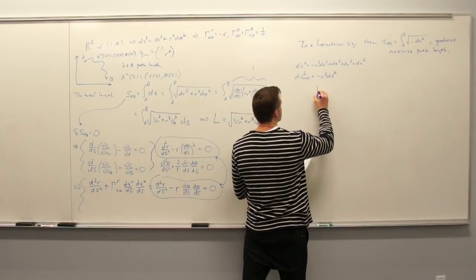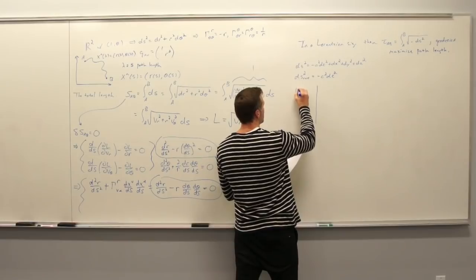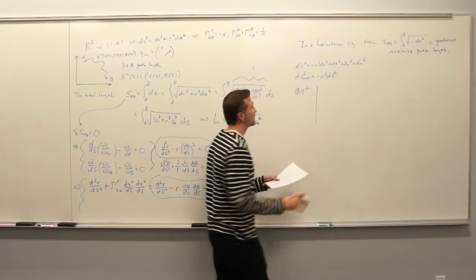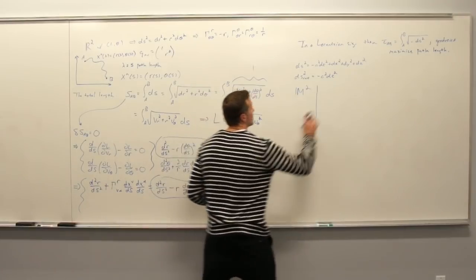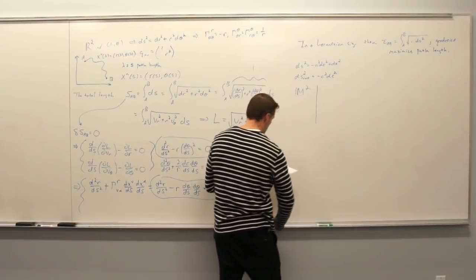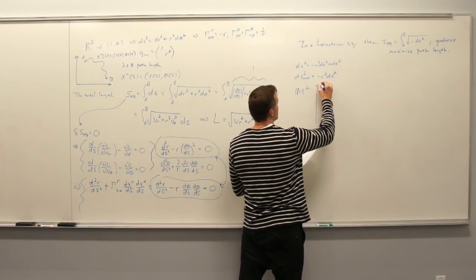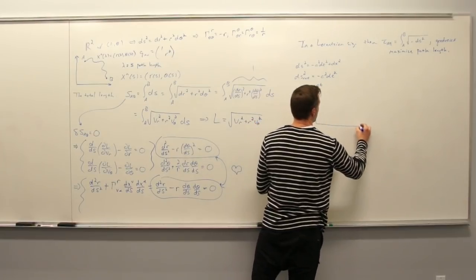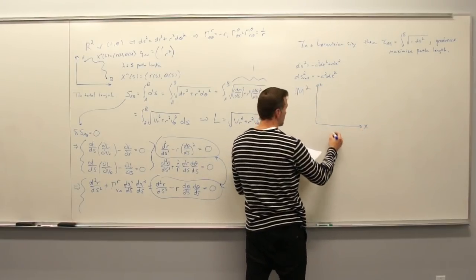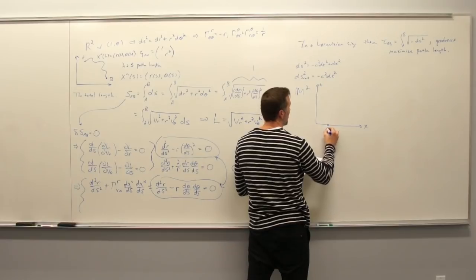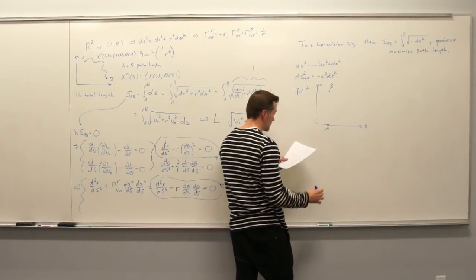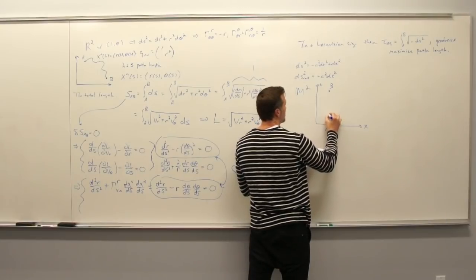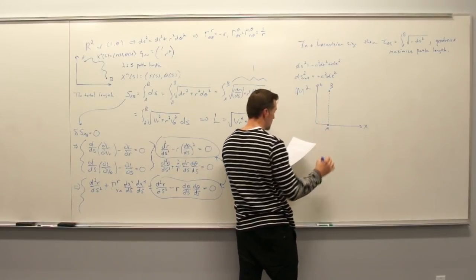So I'm going to do this in two-dimensional Minkowski space, so all we have is the dt and the dx. In two-dimensional Minkowski space, where I have coordinates t and x, I'm going to start at the point A, and I'm going to go to the point B along two different paths. The first path is just going to be like so.